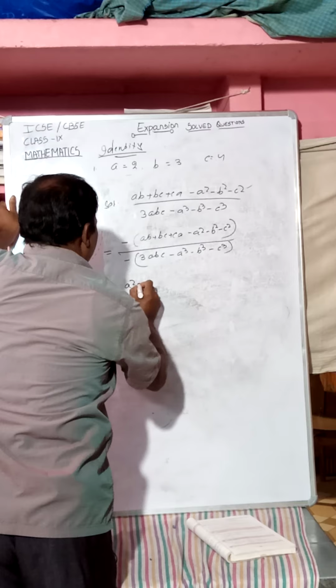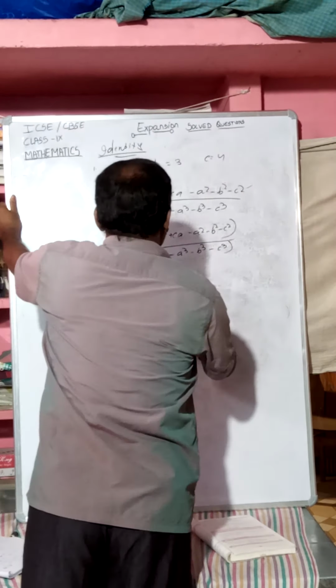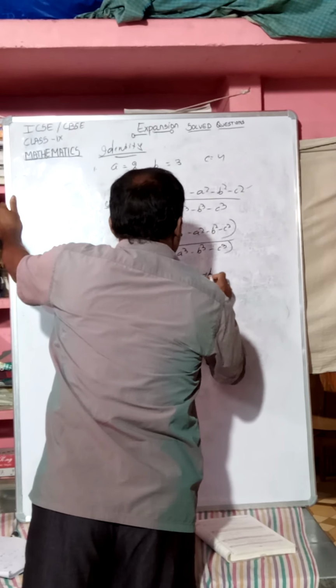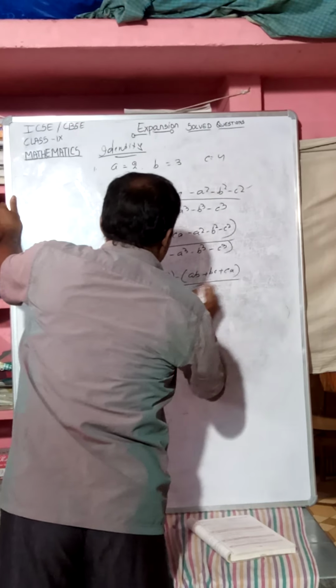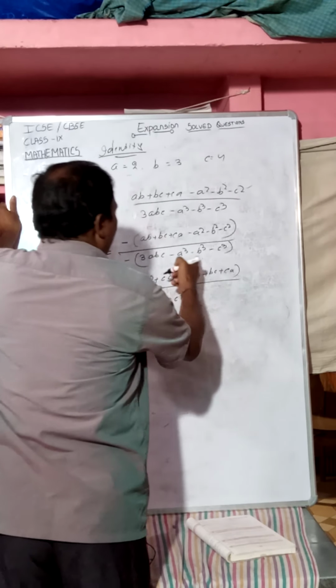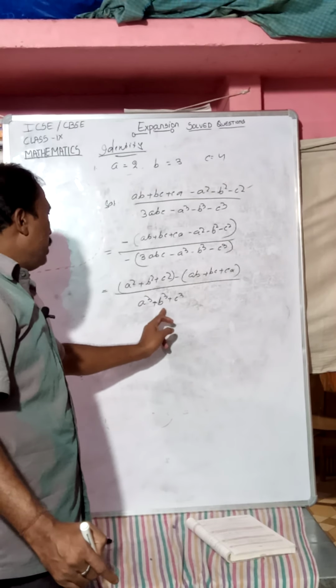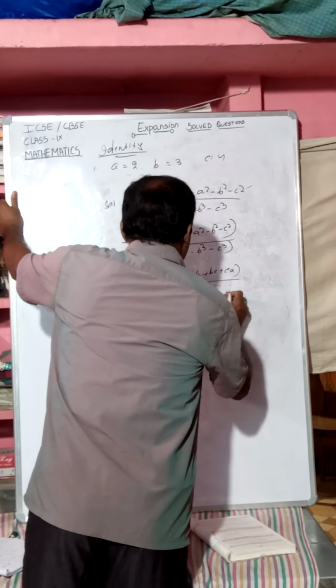So (A square plus B square plus C square minus of (AB plus BC plus CA)) divided by, because A cube, B cube, C cube were minus, now turn into plus: A cube plus B cube plus C cube minus 3ABC.